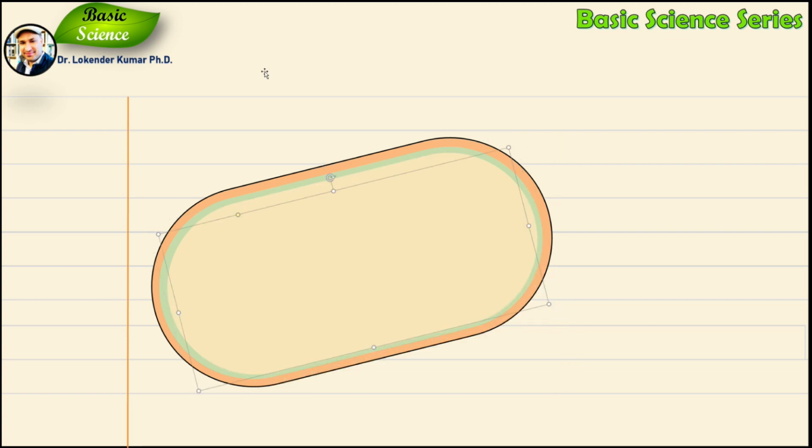Basically the idea here is to create the artifact of three layers. There you are. You need to fix these distances so that everything is in proportion, otherwise it looks really bad. So now you have the outer lipid layer, then the middle peptidoglycan layer, and then the internal lipid layer again.